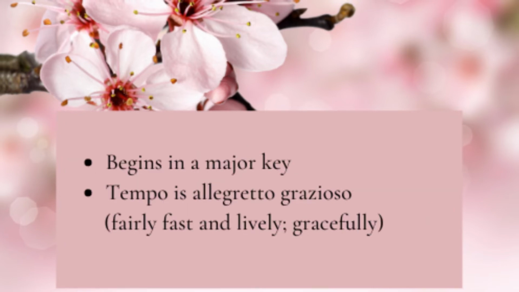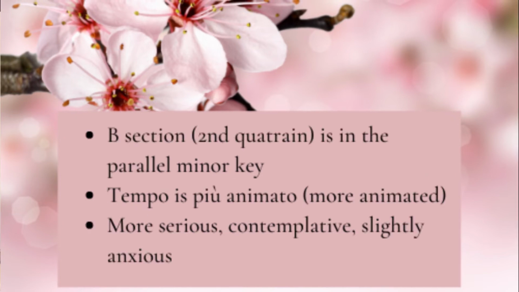The song begins in a major key with a tempo of allegretto grazioso, which means fairly fast and lively and gracefully. As we approach the more introspective portion of the song, the B section, or the second quatrain of the poem, the key modulates to the parallel minor, and the tempo marking is più animato, which means more animated.